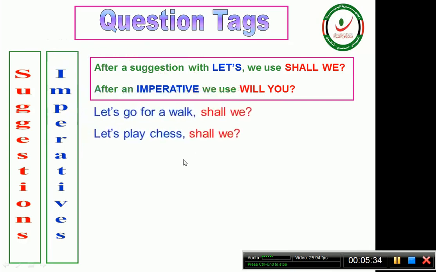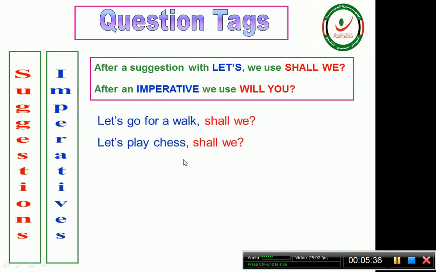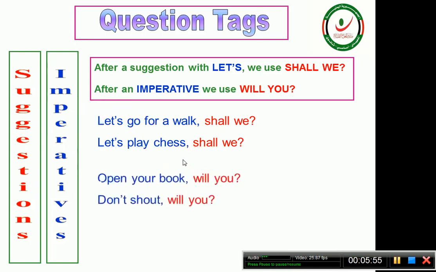Look at the first examples with suggestions. Let's go for a walk, shall we? Let's play chess, shall we? In the suggestion statements, we always write in the question tags shall we. But the imperative statements, we always write will you.